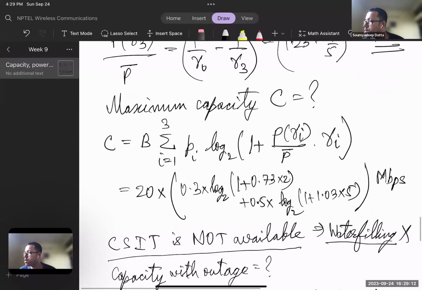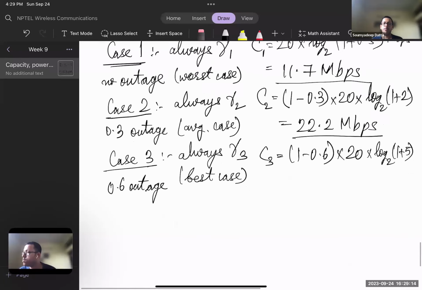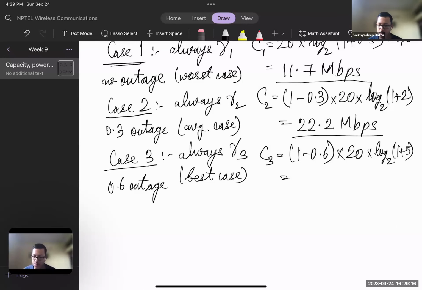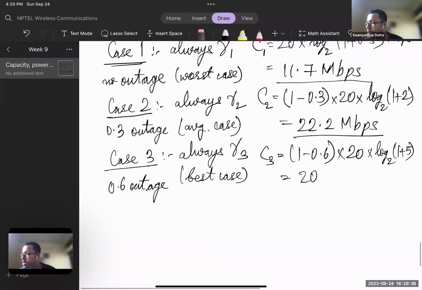So can somebody do the calculation and somebody please verify. Times 20. Yes. Right. So I'm getting this to be 20.7 Mbps.